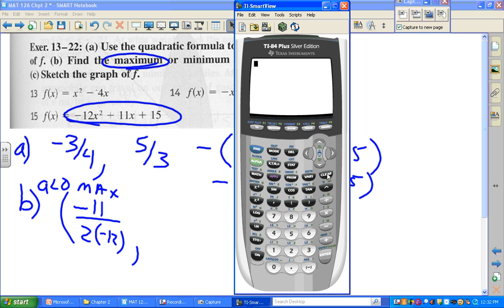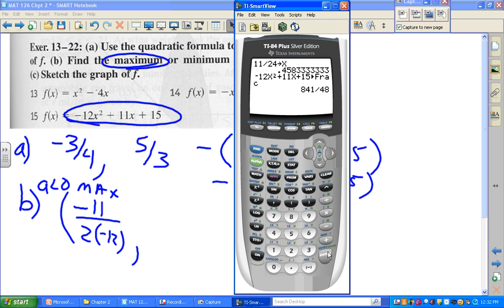Clear? Was that your question? How to find it? So I'll do -12x squared plus 11x plus 15. I'll see if I can fractionalize that. I should be able to. 841/48. Is that even close?